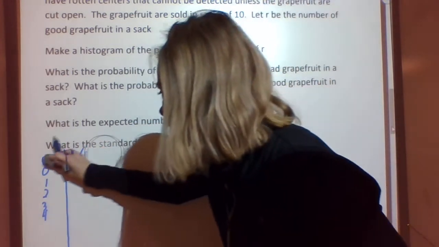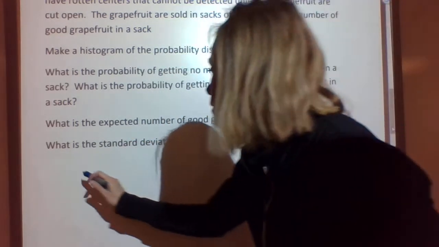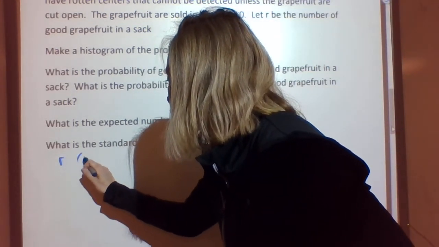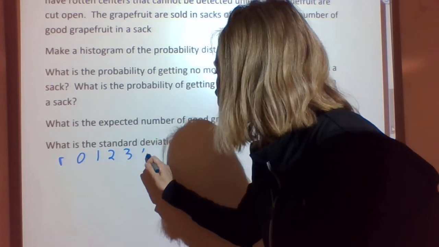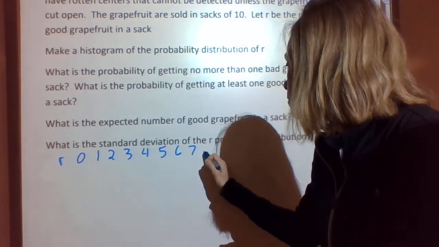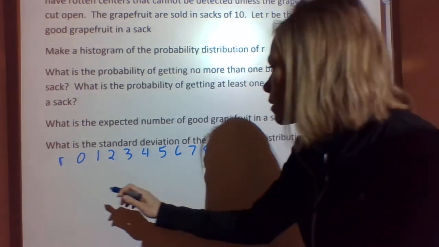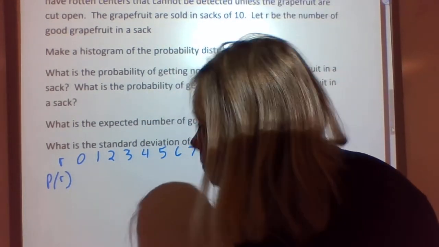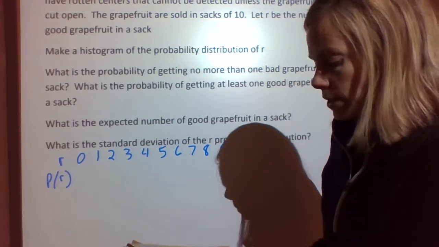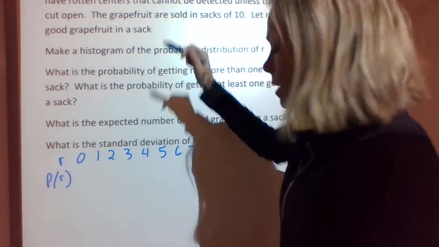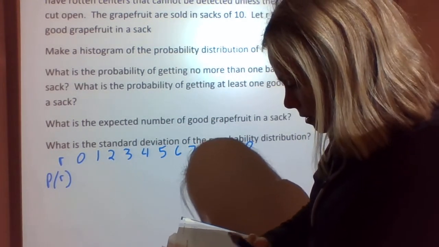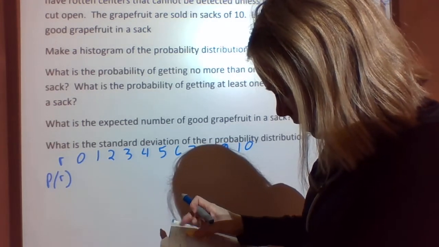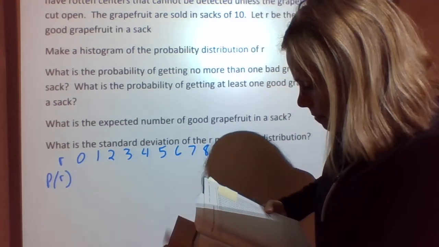I'm going to run out of room. Let's do it this way. And then my P of R. I need my table again because it's 75%, 75% for 10. And I need them all.